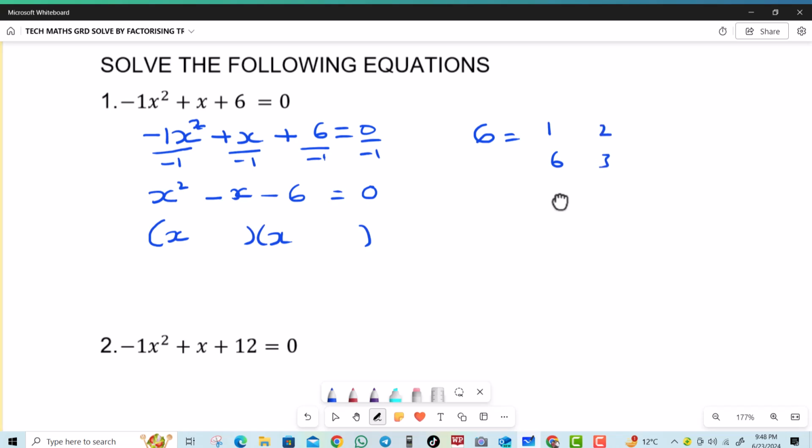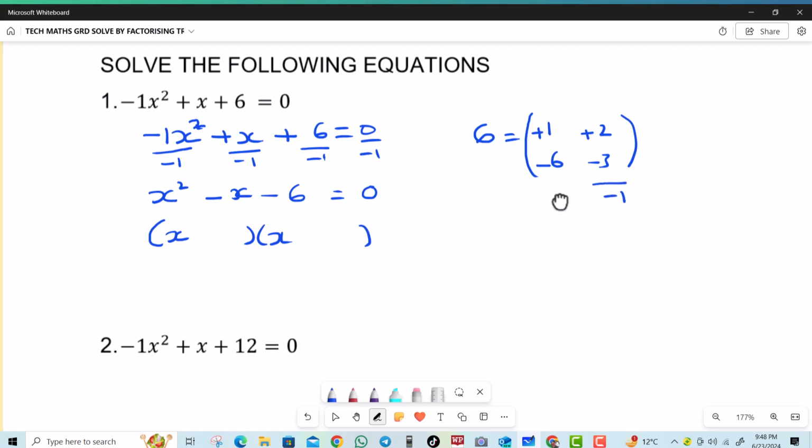We said look at the middle term. Middle term, it is negative, so you put a negative on the bigger factor: negative 6, positive 1, and negative 3, positive 2. So 2 plus negative 3 gives us negative 1, meaning it's the right factors to use here.